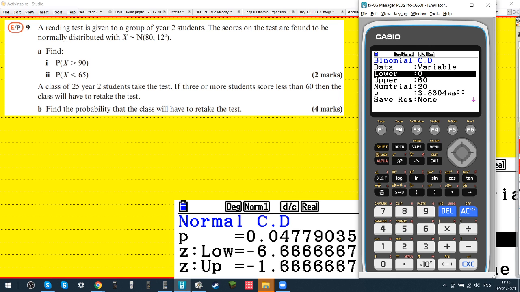If it's, oh no, sorry, 3 or more. So I believe the lower will be 3. Upper? 25. Number of trials? 25. Probability?